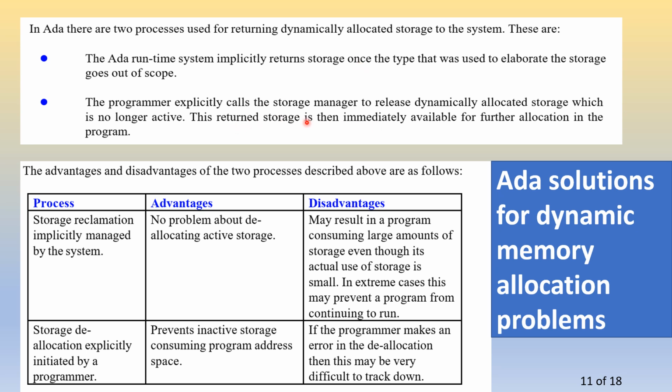This is called store management. If you want to deallocate, you can call the deallocate functions to deallocate the memory which was assigned. So store allocation is implicitly managed by the system. Deallocation is done automatically, and store deallocation can also be explicitly initiated, which prevents inactive storage from consuming program address space. This is the same as what is offered in other languages.